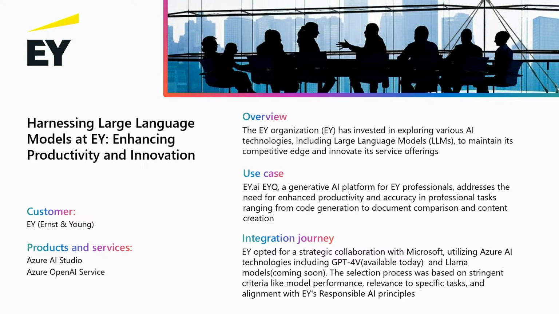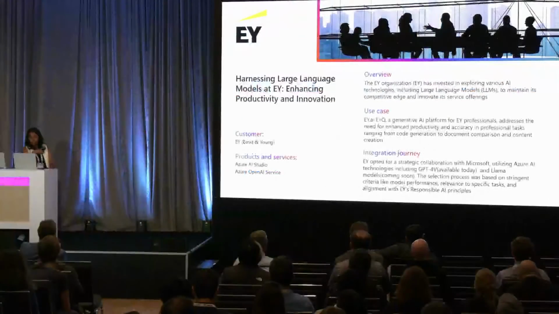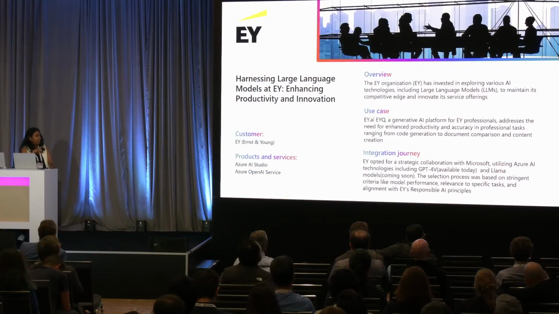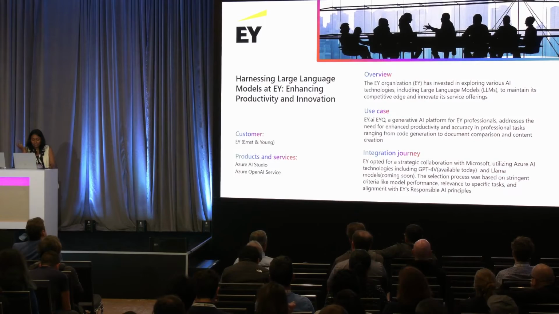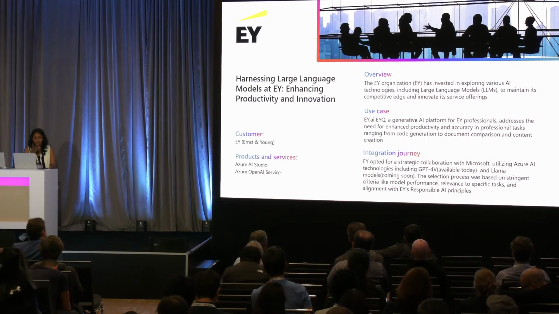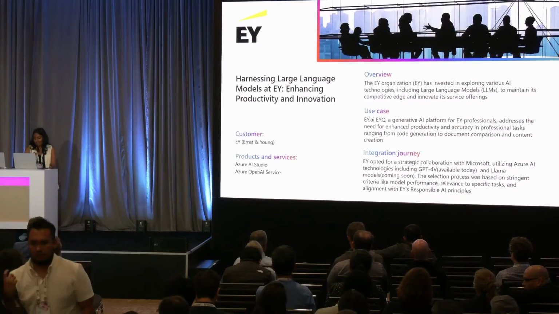Now, I mentioned that EY is using both GPT-4 Turbo and Llama. They're using GPT-4 Turbo in production within the EYQ chat to enable multimodal Q&A, whereas they're not planning to replace it with Llama, but they're testing different models like Llama to see what makes sense for different scenarios like tax consulting, advisory, internal IT, from multiple angles like responsible AI, cost efficiency, latency, and efficiency.